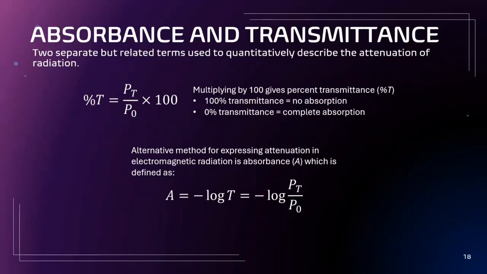We can also transform this into another form, where absorbance is equal to the log of P naught over PT. Absorbance is a more common unit for expressing the attenuation of radiation, and this will be shown in the next lessons, since it has a linear function that could lead us to the analyte's concentration.